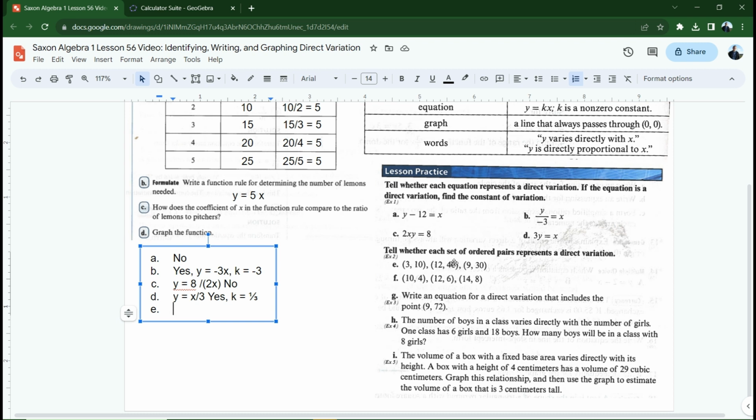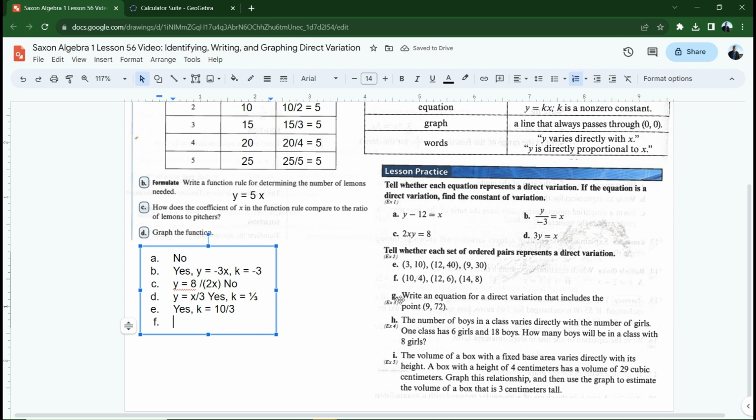That becomes 10/3. 30 divided by 9, each of those divides by 3, 10/3. If I divide y by x and always get the same number, yes, it is direct variation. By the way, my constant of variation is y over x, 10 over 3. Didn't ask for that, but I'm an overachiever, I guess.